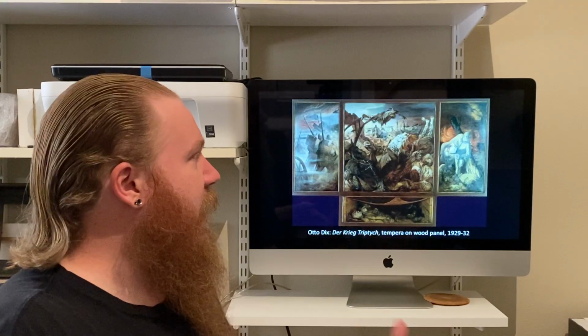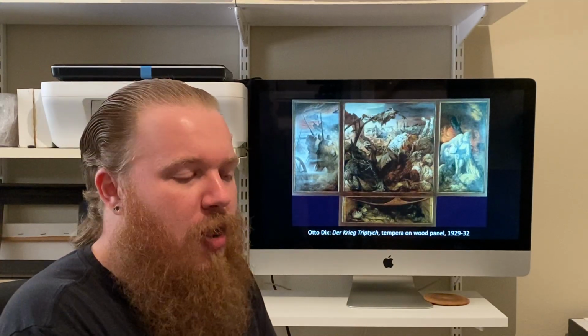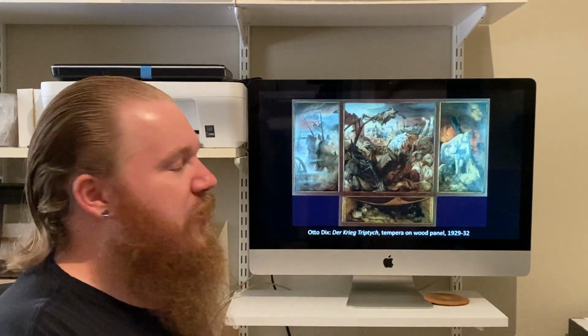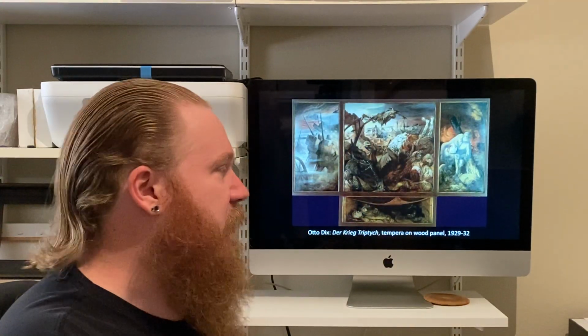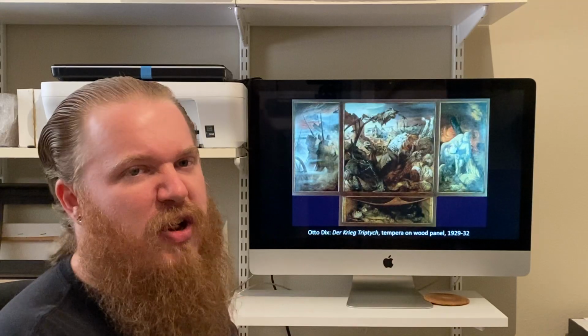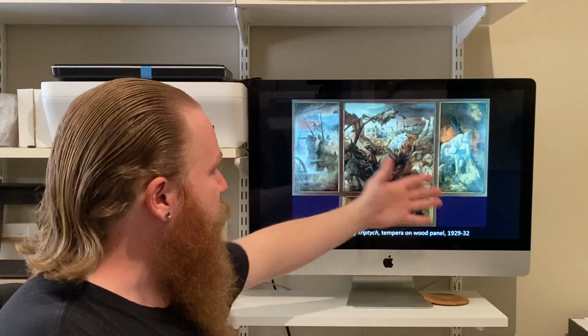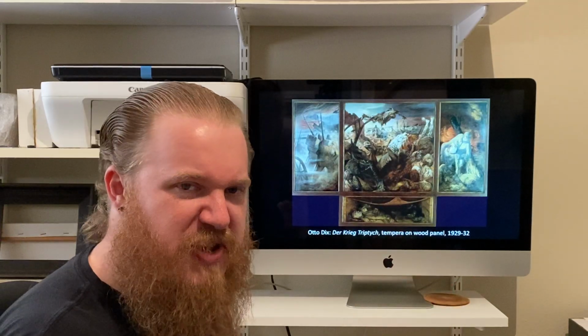And so what really results from this is almost utter devastation. And so what we see here is Otto Dix's depiction of that devastation. We see corpses that have been unearthed by the explosion of artillery shells. We see bodies that have been torn to pieces.